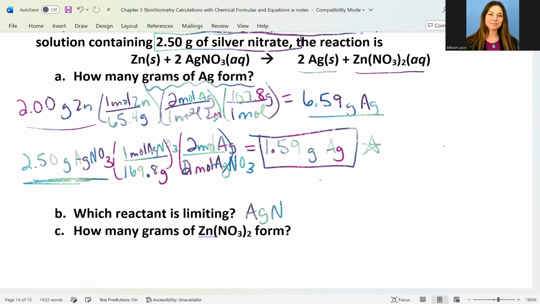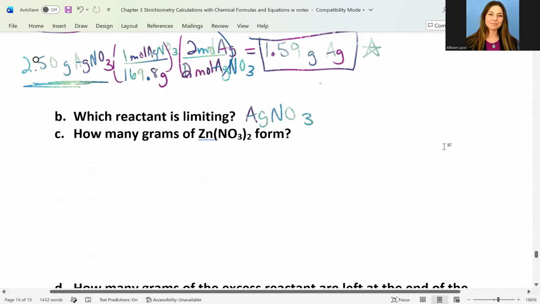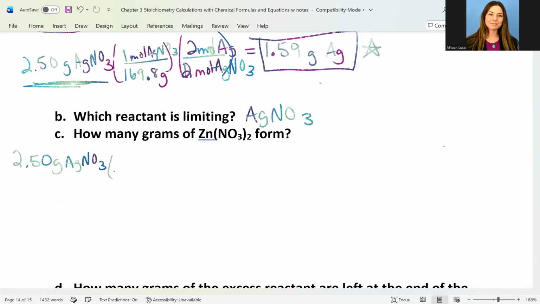So we could write here silver nitrate. And now using my limiting reactant, I could calculate how many grams of the other product, zinc nitrate, would form. And let's do that right now. So we have 2.50 grams of silver nitrate. And then I will use the same conversion factor, the same molar mass as above, the 169.8 grams per 1 mole of silver nitrate.